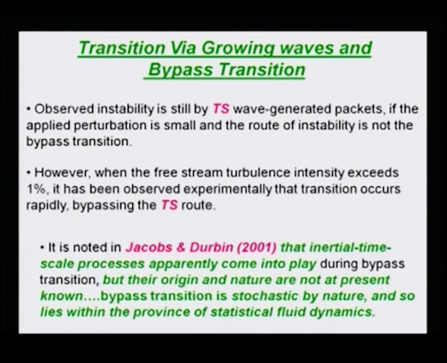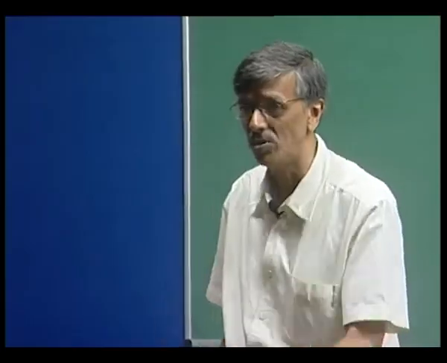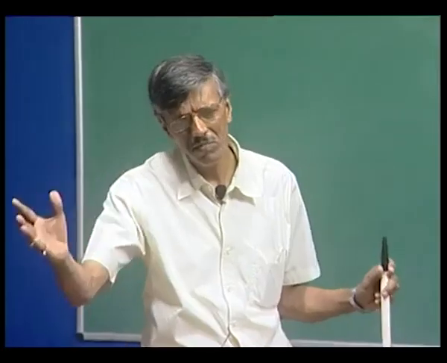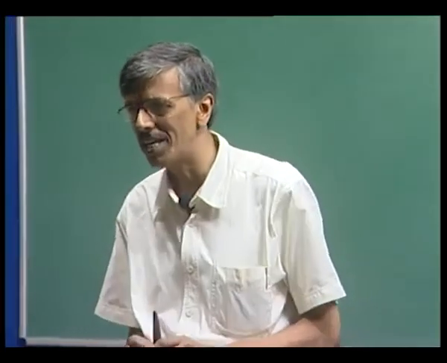Whatever the instability that we have observed in all these cases were still by the Tollmien-Schlichting wave generated packets. That was true if the perturbation is kept very small and the route of instability is not truly the bypass transition that Morkovin suggested, where you don't see any TS waves. So these are still TS wave generated packets. However, if you keep on increasing the free stream turbulence intensity, which is about 1%, 1% is quite large from a pure external aerodynamics application point of view.